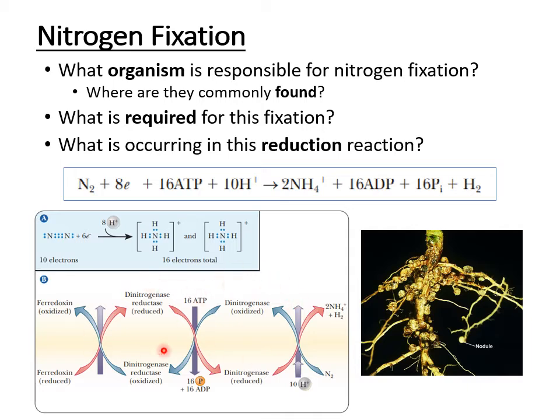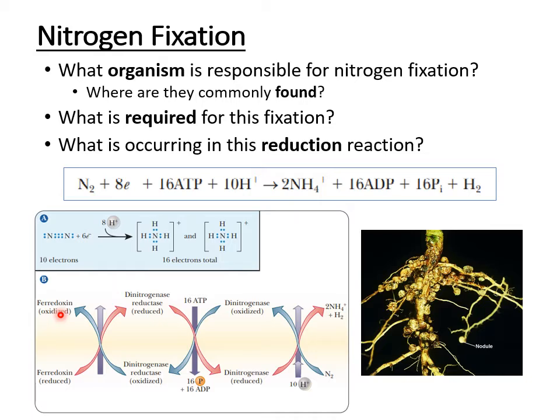And these three work together in order to accomplish the reduction of nitrogen. So basically you have ferredoxin, the flow of the electrons from ferredoxin first, then you have the electrons flowing to the dinitrogenase reductase, and finally to the dinitrogenase.